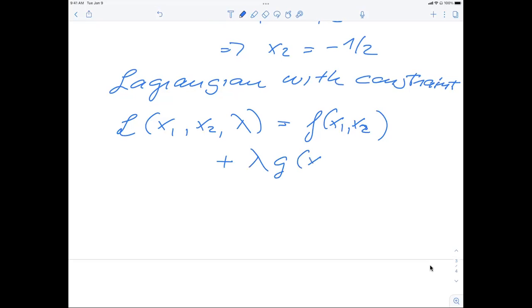This function g depends on x1 and x2, and we have defined it to be a so-called holonomic function, equal to x1 plus x2 minus 5 equal to 0. So that is the constraint which we have on x1 and x2. It means that we want to optimize this problem with a constraint.